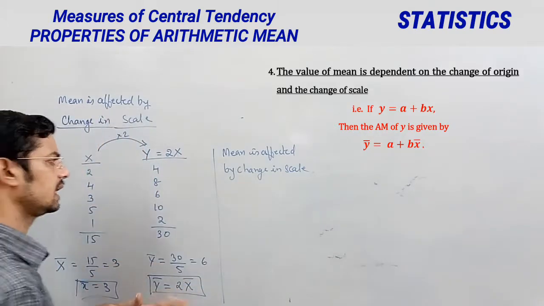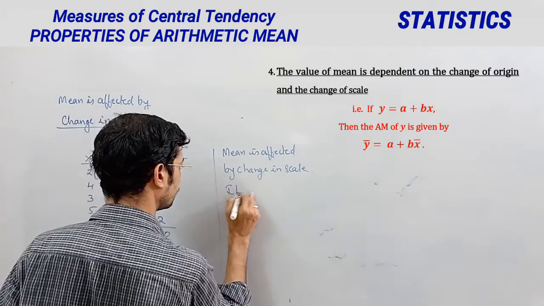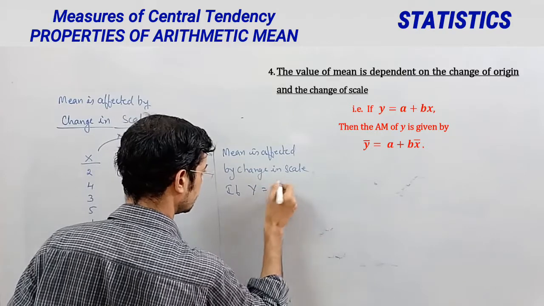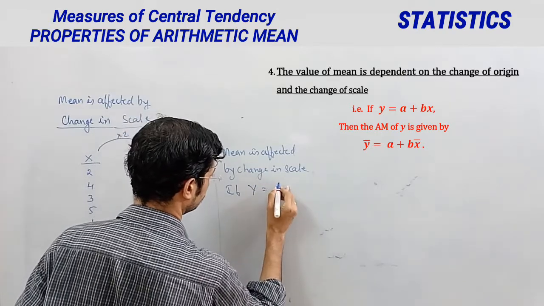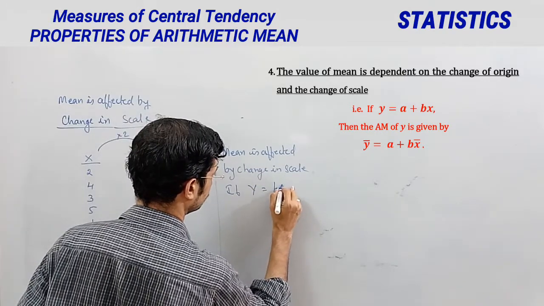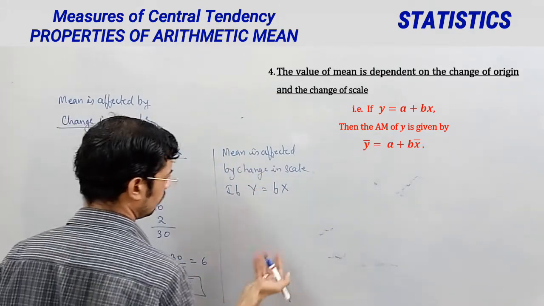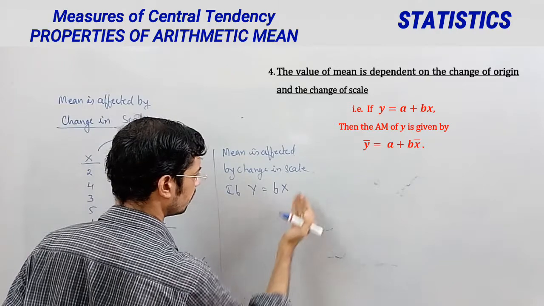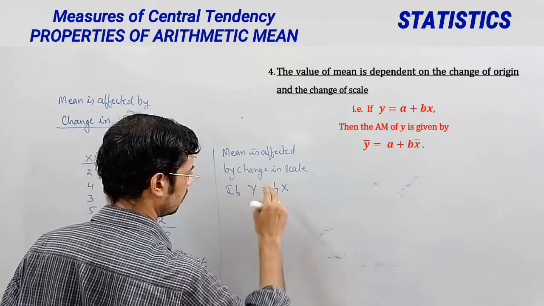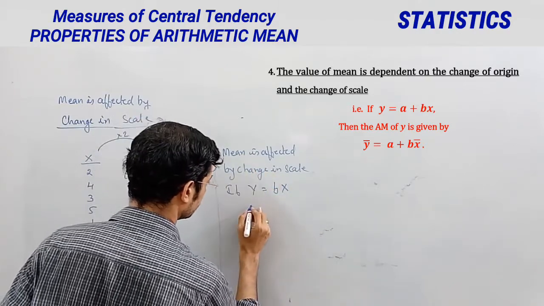So by change in scale, what do we mean? That is, if y can be obtained from x in this way, that is, if you multiply b into x, if you multiply b with x, you get y. And you know the value of the mean, x bar.